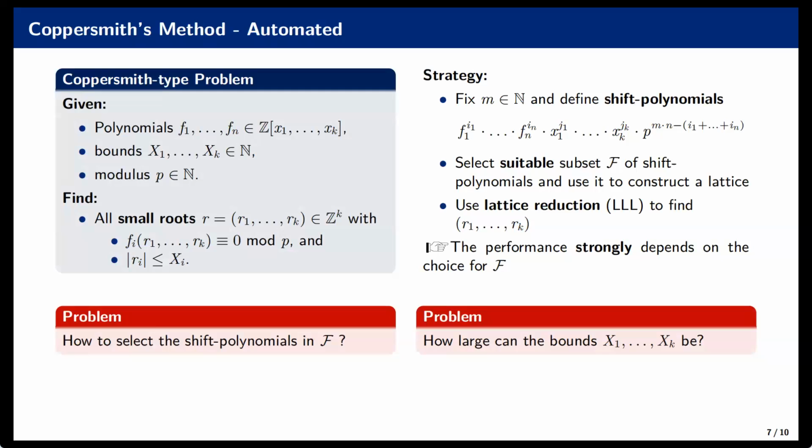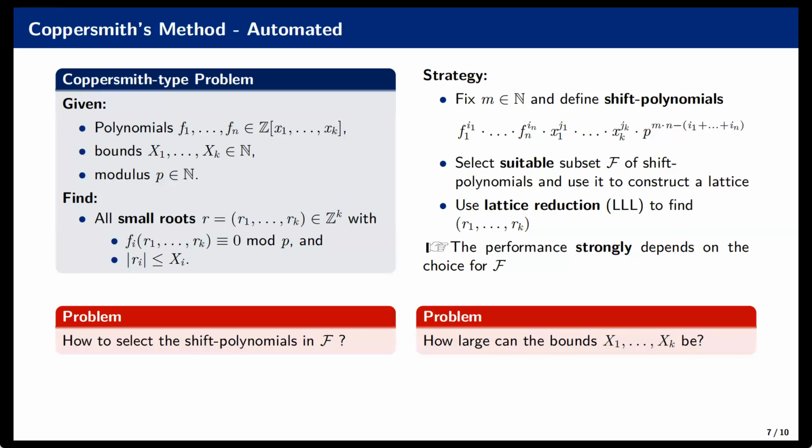I guess there are two problems that most of the coupled Coppersmith results try to overcome. First of all, how do we select these shift polynomials, and subsequently, what's the largest bound that still allows for an efficient recovery? There's actually no clear strategy for solving either of these questions.